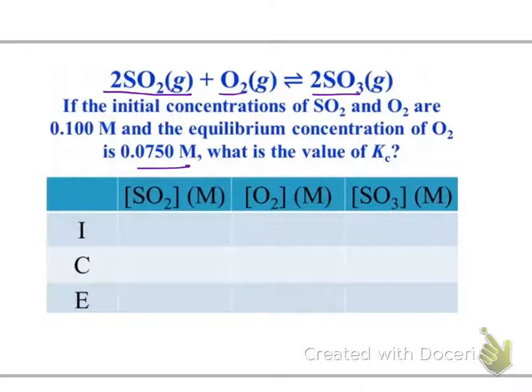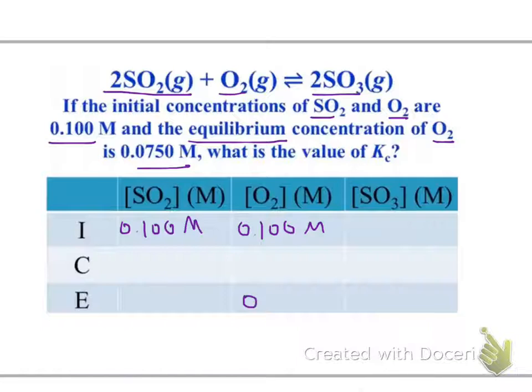So the first thing we're told is that SO2 and O2 start with a concentration of 0.100 molar, and that the equilibrium concentration of O2 is 0.075 molar. Okay, so let's see what else we might be able to just figure out.